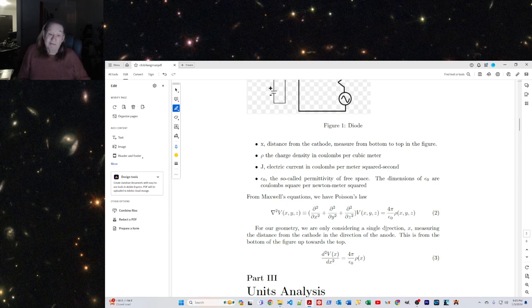Now the first derivative of the potential with respect to position is the electric field. So the second derivative is the rate at which the electric field varies as you move from the cathode to the anode. And as you can see here, it's proportional to the density of electrons. This is the fundamental equation of plasma physics.